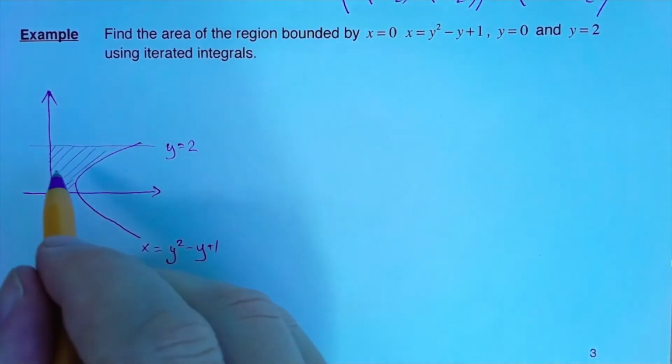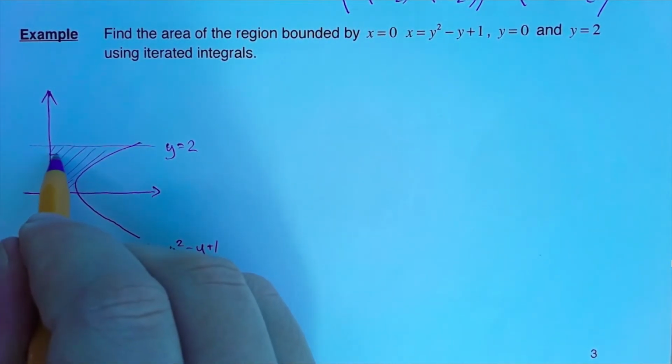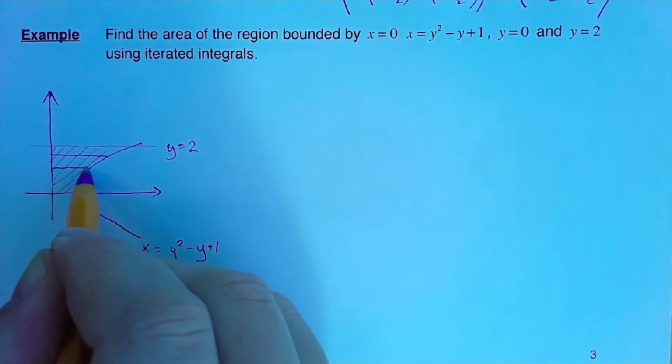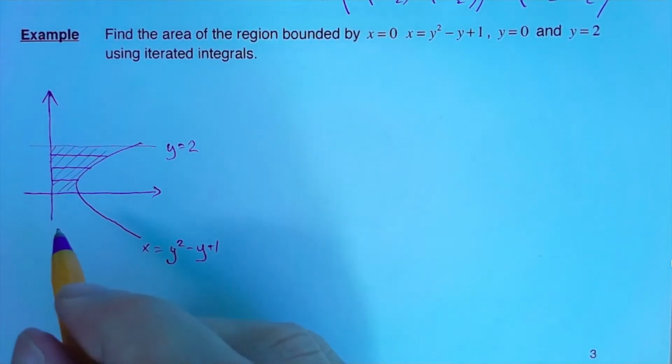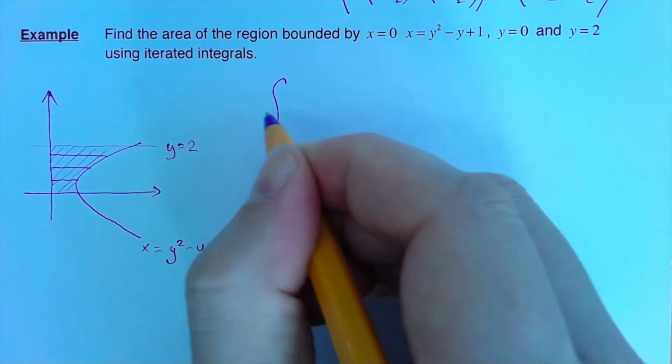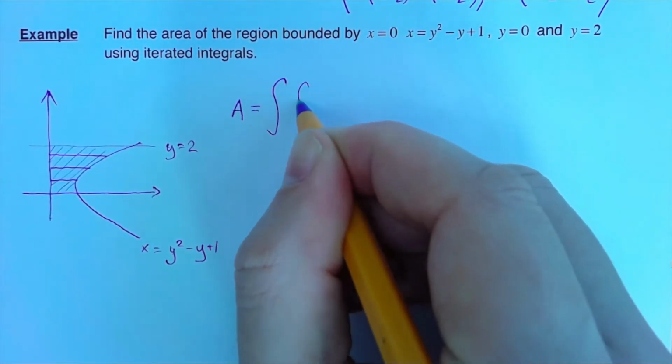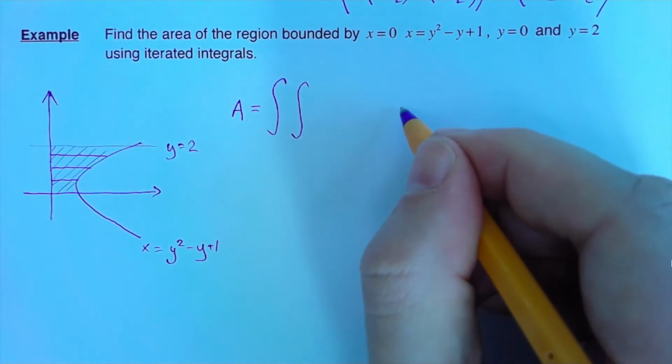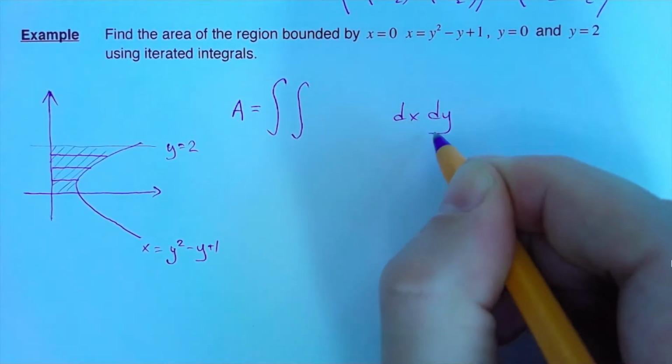And the best choice, since this is a horizontally simple region, is going to be to integrate. So A equals, and we're going to integrate dx dy.